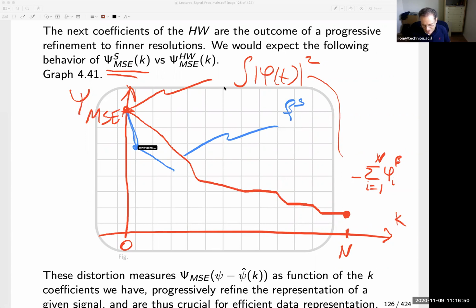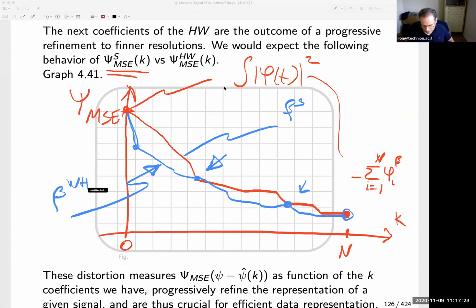Now, there should be some points, and in a moment we'll explore exactly which points, where I would have this kind of identity between the two. They should and they would somehow align. But in the rest of the process, and here, for example, again, it would get here. So this would be my beta Walsh-Hadamard, or Hadamard-Walsh.